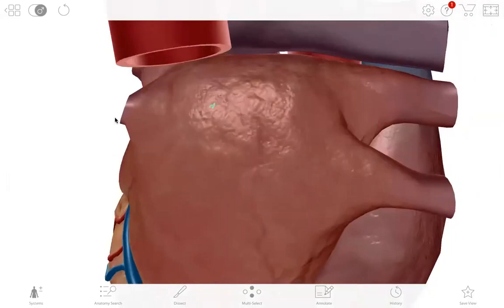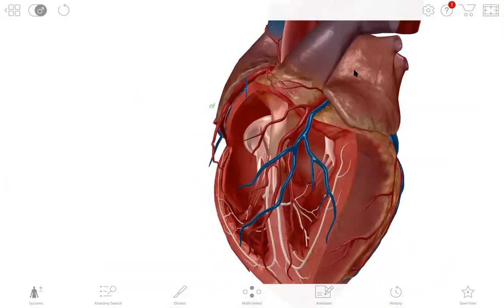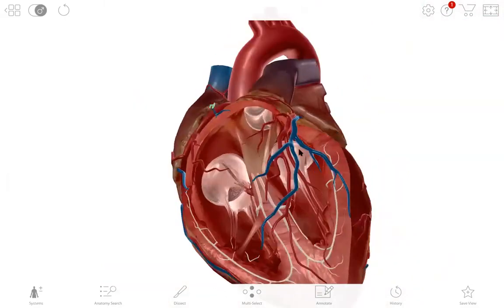These are called pulmonary veins, but they are the only veins in the body that carry oxygenated blood. We used to know that a vein carries deoxygenated blood, but the pulmonary veins which open into the left atrium carry oxygenated blood. Then from the left atrium, the blood will be pumped through the mitral valve, which is the left atrioventricular opening, into the left ventricle.